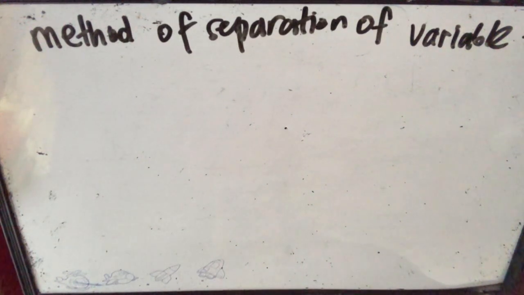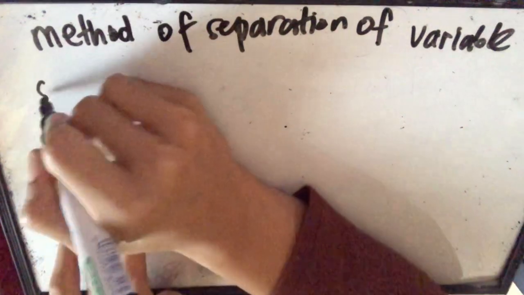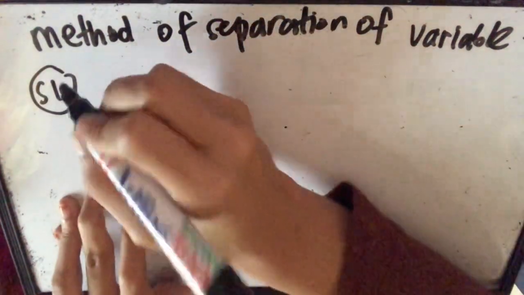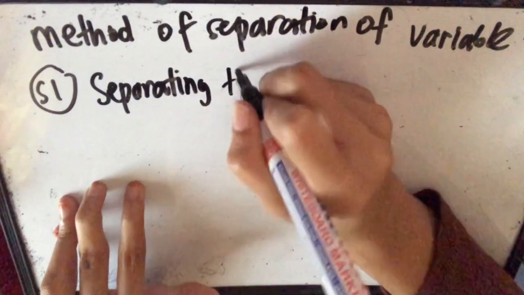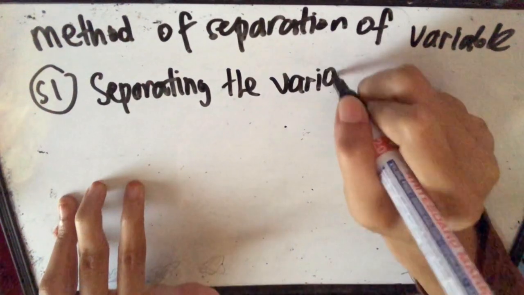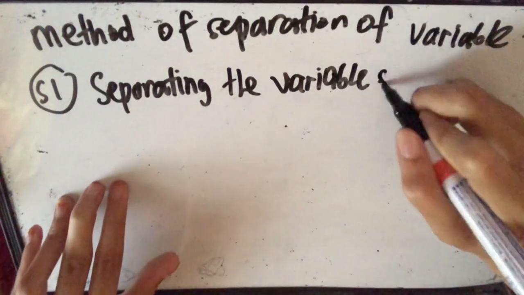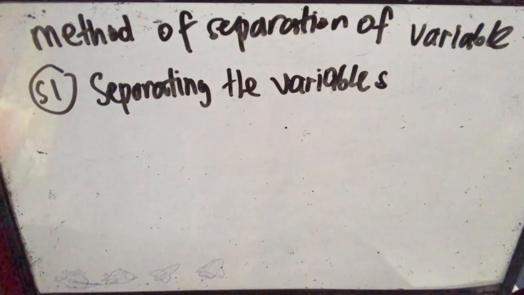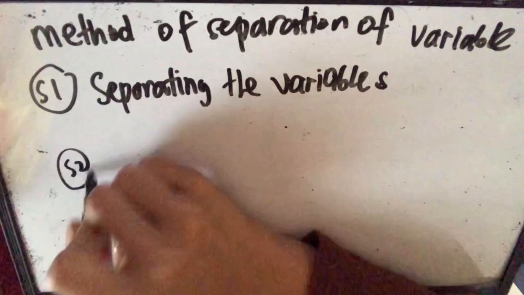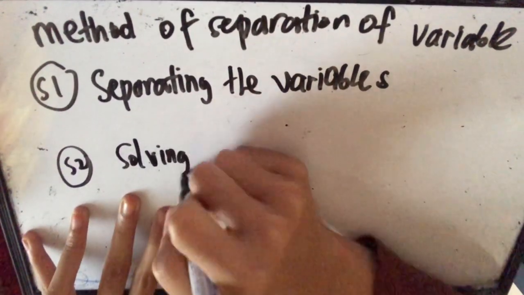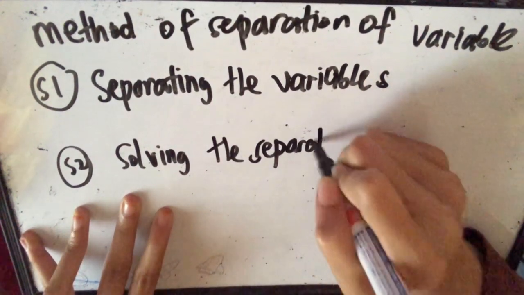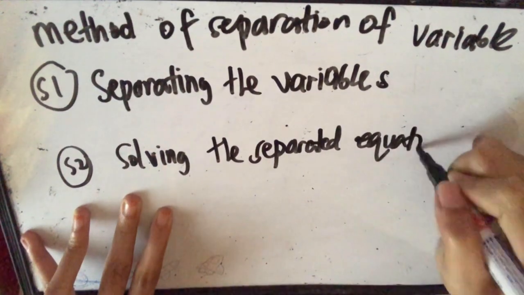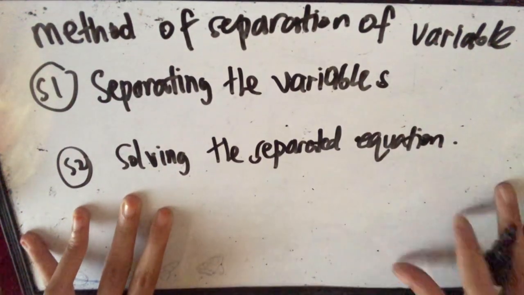In this method there are 3 steps. Step number 1 is separating the variables. For step number 2, we will solve the separated equations.